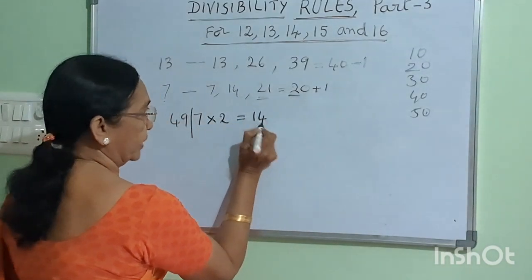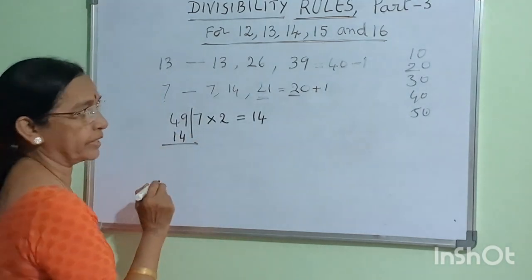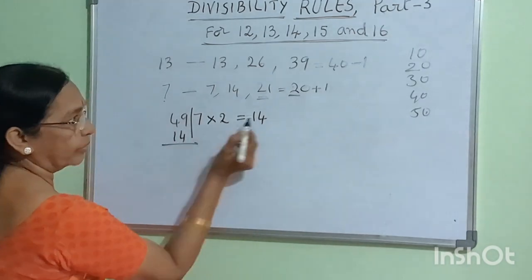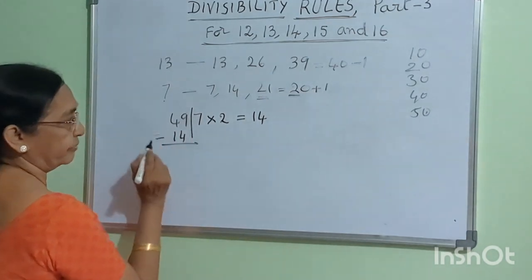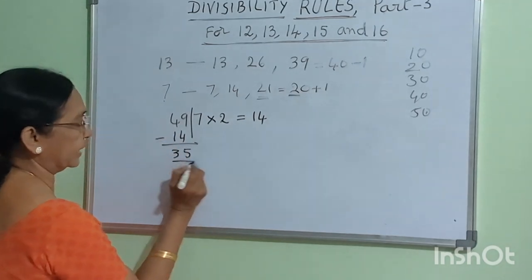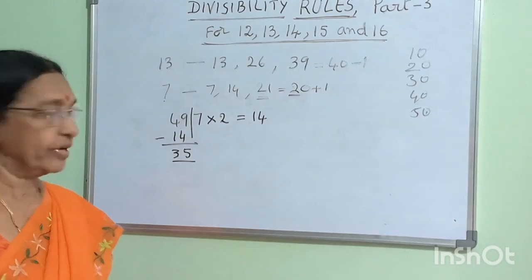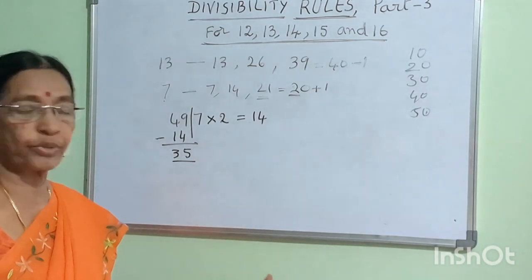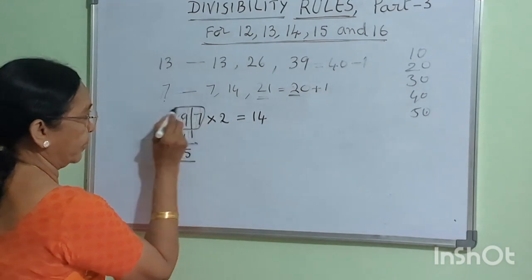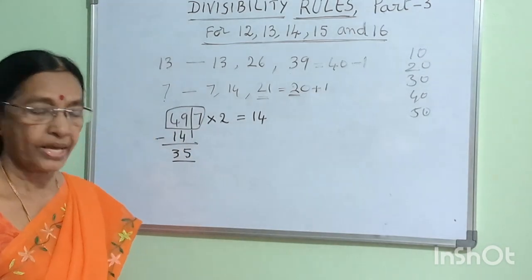We got 14 and subtract it from the remaining number, as we got plus 1. 9 minus 4, 5. 4 minus 1, 3. 35. 35 is a multiple of 7, 7 5s are 35. Therefore, this whole number, 497, is divisible by 7.